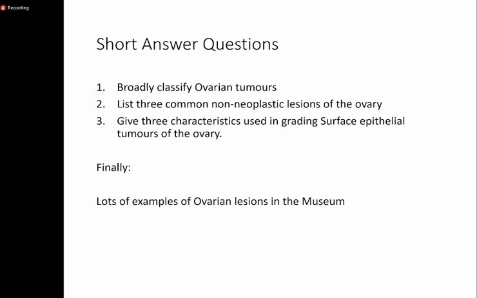And number 3, give 3 characteristics that we use in grading surface epithelial tumors of the ovary. So that's part of your reading. And finally, we have lots of examples in the cabinet with ovarian pathology. I had asked Robert to put them out for you.